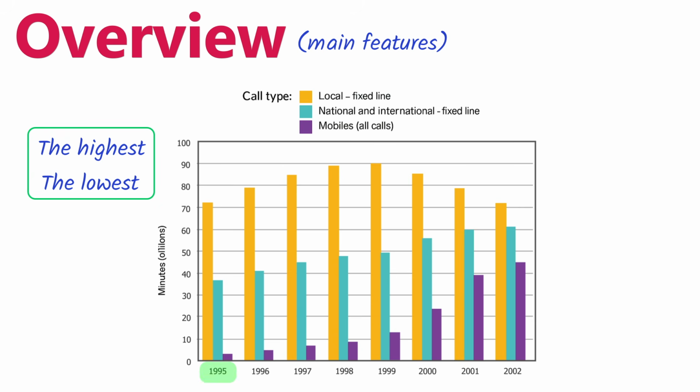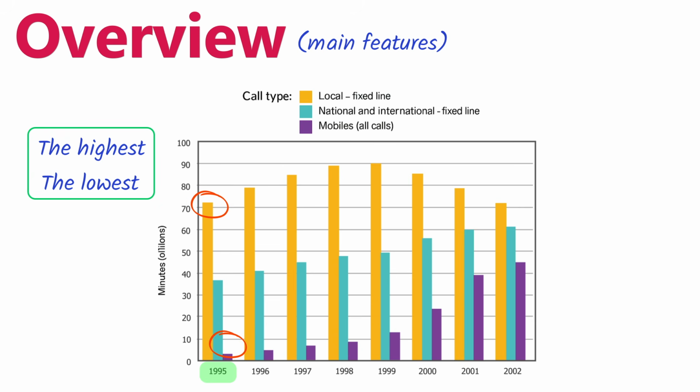So in 1995, the most prominent choice was fixed line, all right? And we never talk about details in our overview paragraph, just about the most or the least. And the least popular was mobiles, all right?